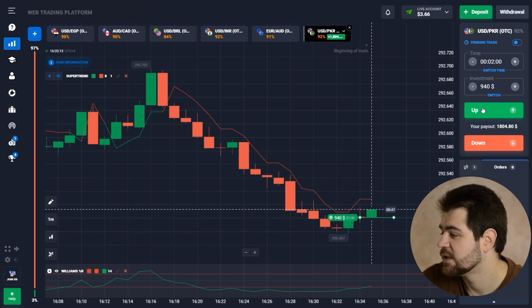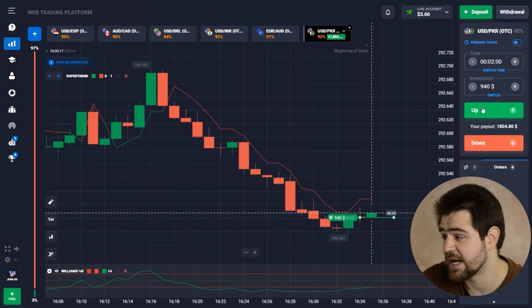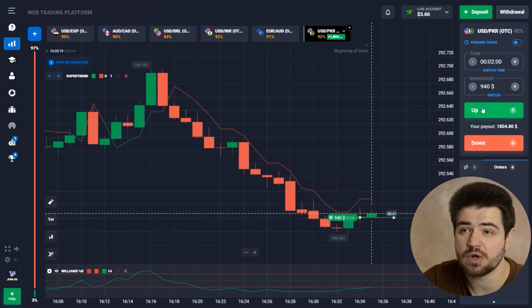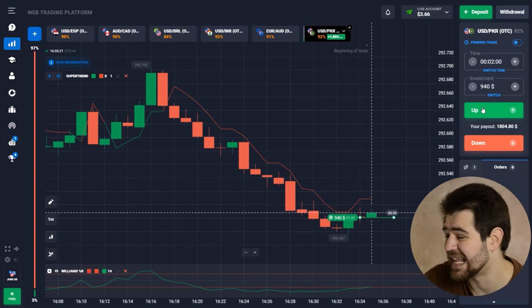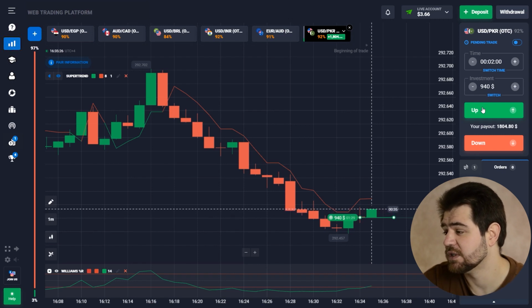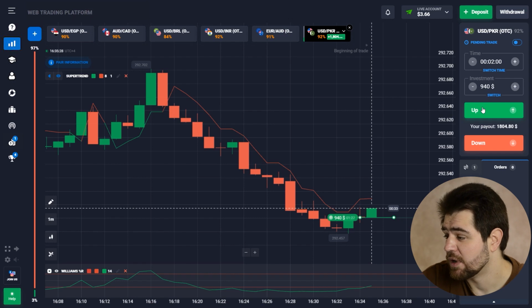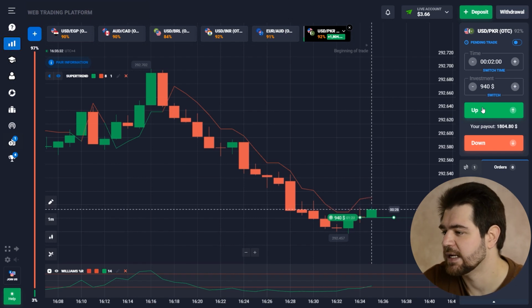And the oscillator is vice versa. Now the oscillator is in the zone of overselling, meaning the currency is oversold basically.